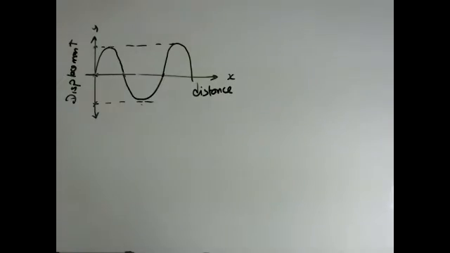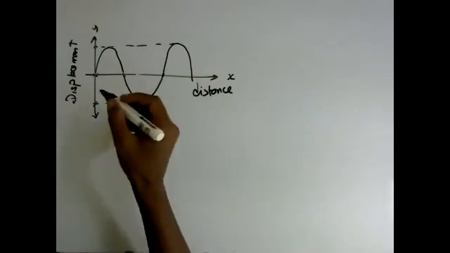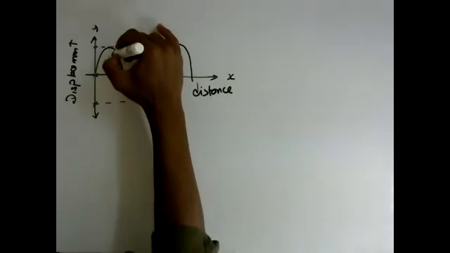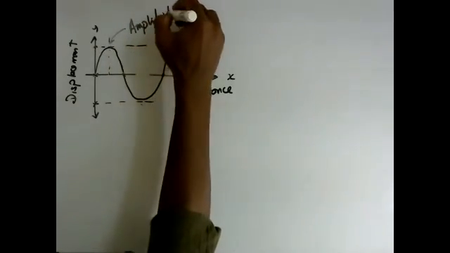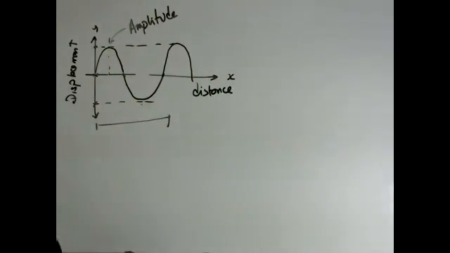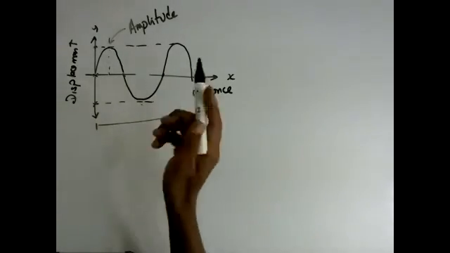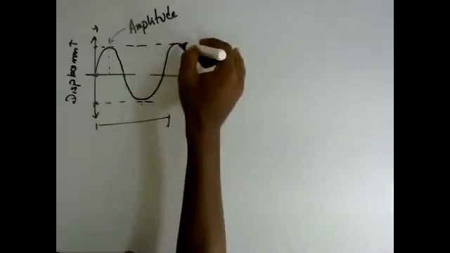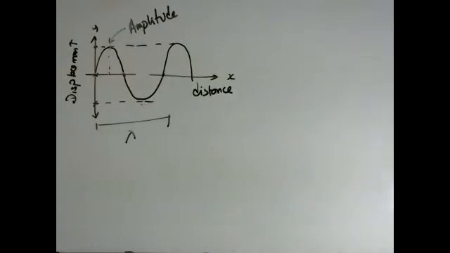Then I was telling you that this is a way in which we can represent sound waves, where the displacement from the mean position becomes the amplitude of the wave. The distance from one mean position to the next mean position, node to node as we say in mechanical waves, or from crest to crest or trough to the next trough, that distance will be your wavelength.